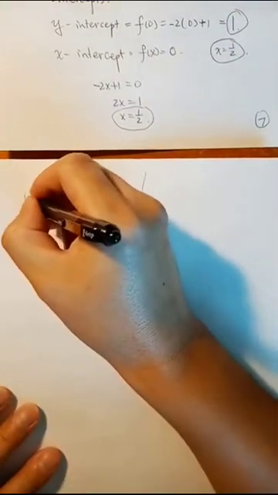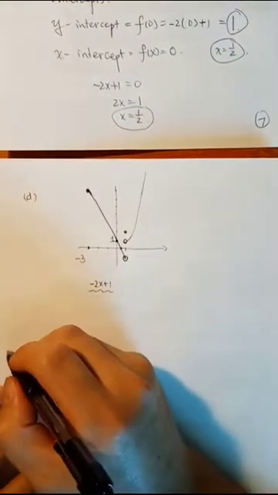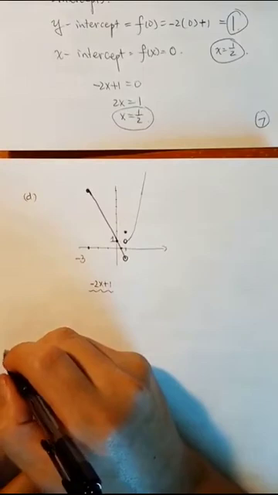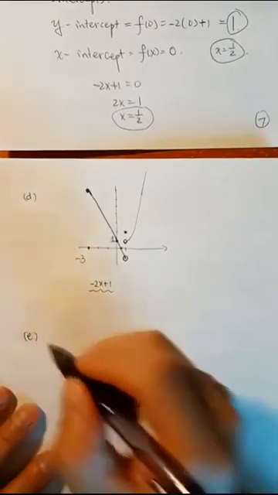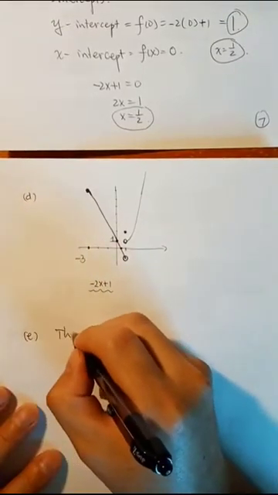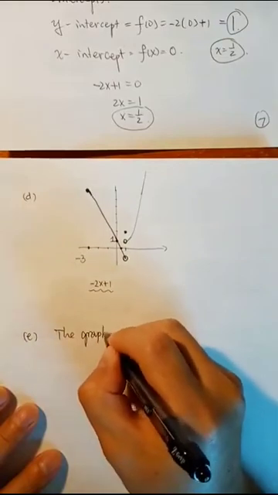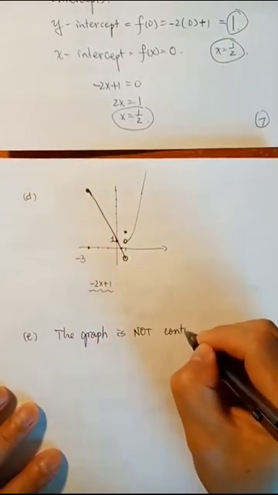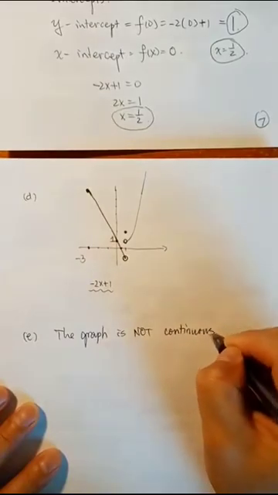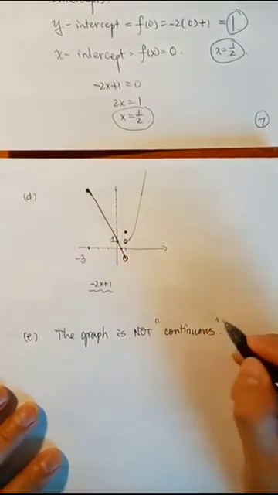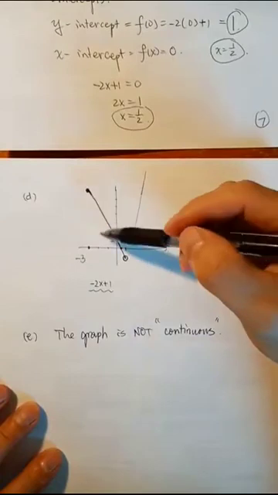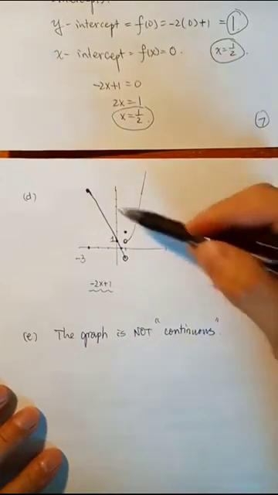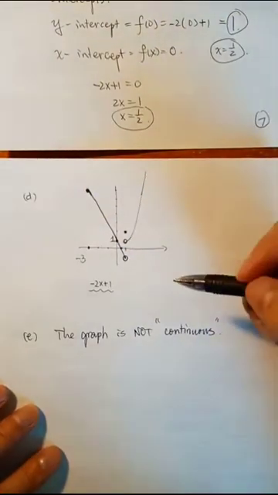This is D and E. Let's put E here. The graph is not continuous. Here we cannot give a detailed discussion about continuity, but basically this means the graph is not connected.